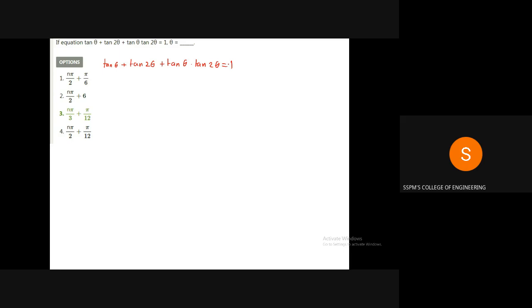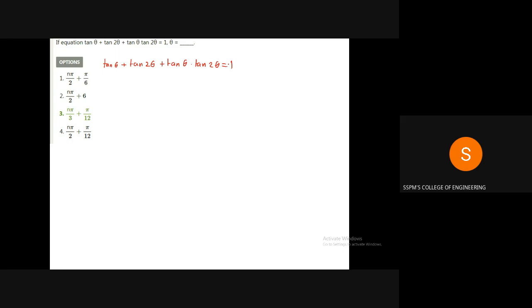So we will use the formula tan of A plus B is equal to tan A plus tan B divided by 1 minus tan A tan B.